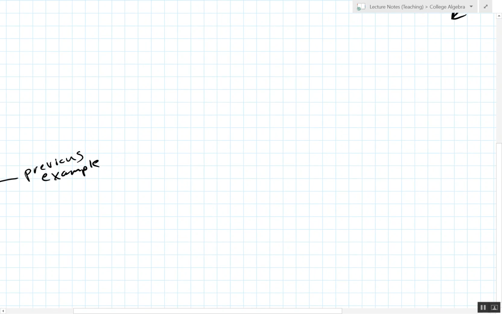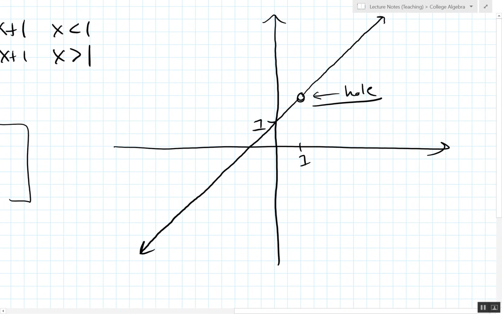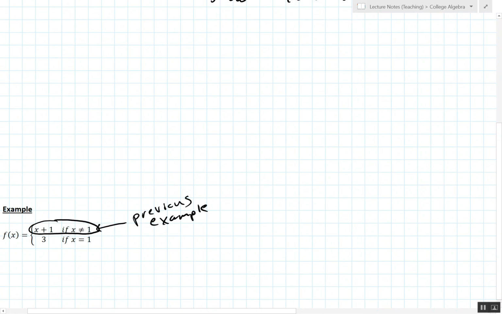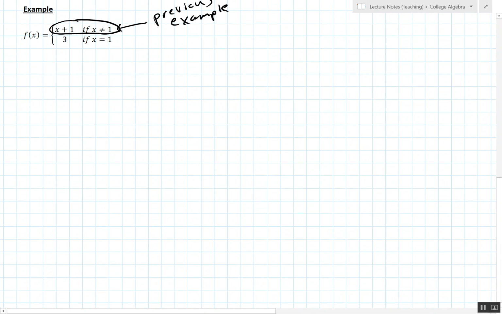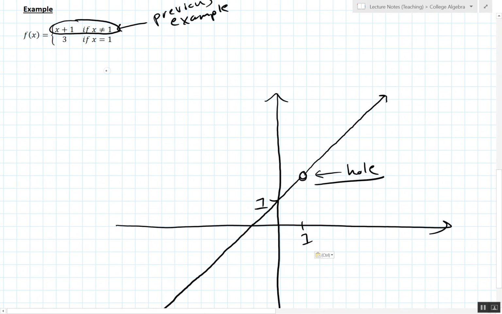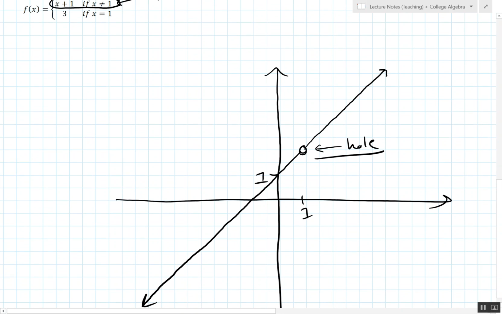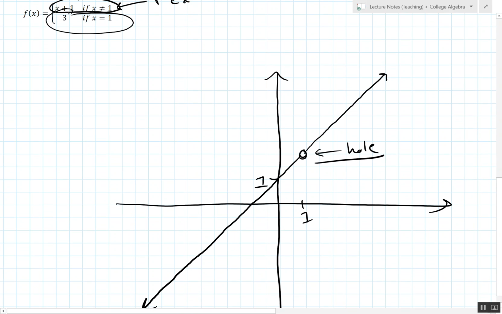So what is this going to look like? Well, let's just copy this graph, because it's basically going to be this graph with an extra point here. So let's bring it down here, paste it in. And so what this is going to be is now we have 3 if x is equal to 1.